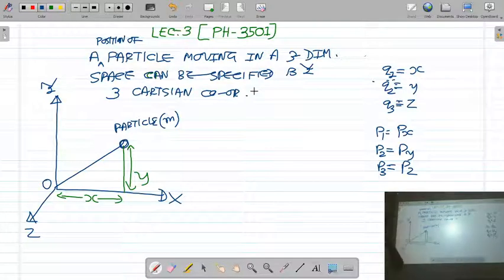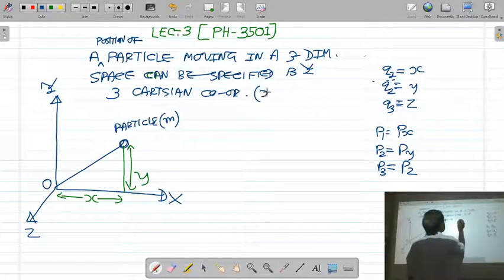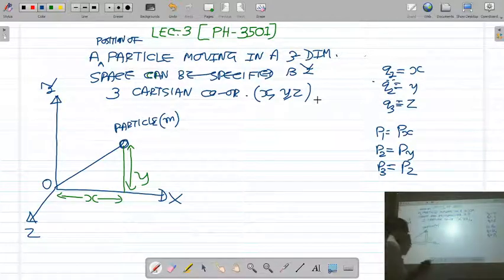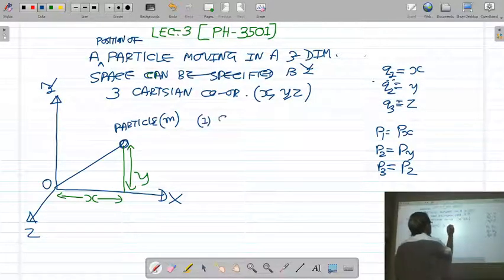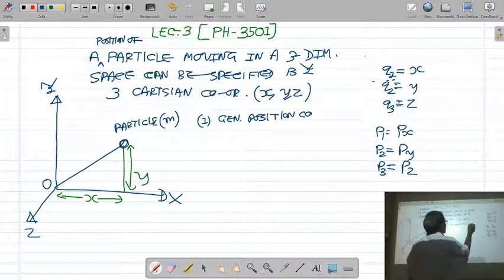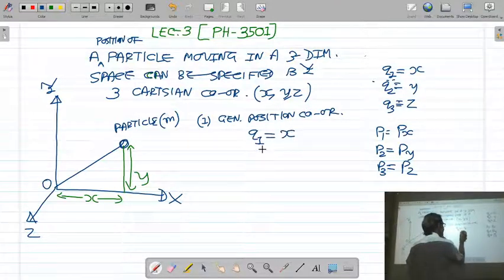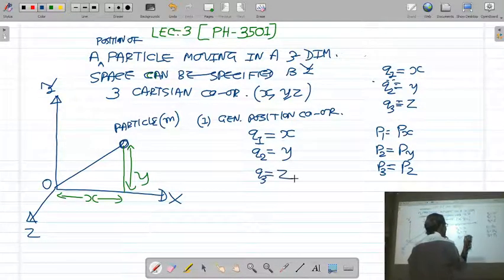The position of the particle moving in a three-dimensional space can be specified by three Cartesian coordinates x, y, and z. So how do we write the generalized coordinates for this particle? The generalized position coordinates for this particle will be q1 equal to x, q2 equal to y, and q3 equal to z.